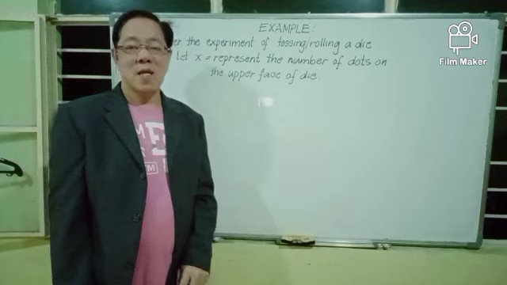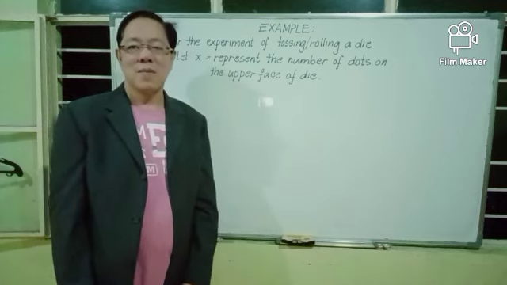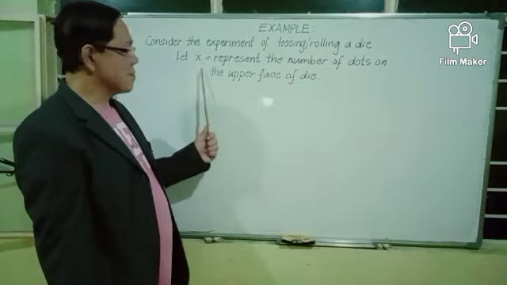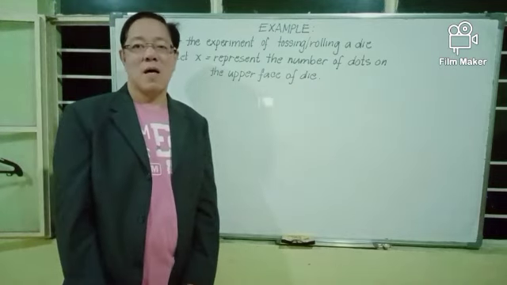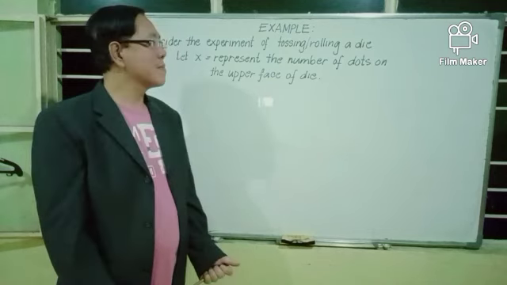And we obtain this number of dots on the upper face of the die by counting. And this variable x is an example of quantitative variable.